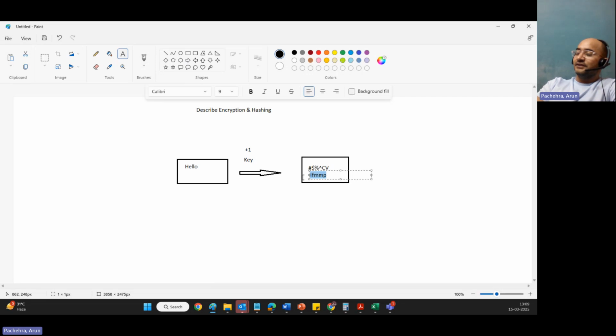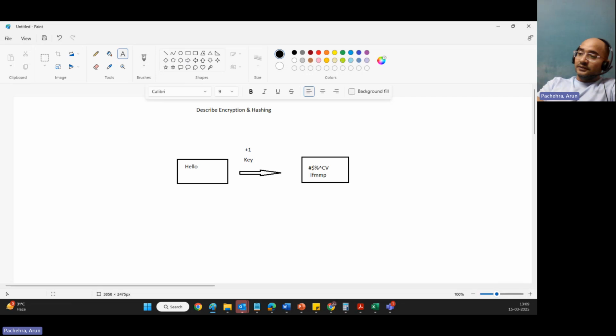What we did, we just encrypted by +1. So this is what encryption is in simple terms: changing the plain text into cipher text. Cipher means it has been encrypted with some key, right? So I hope this is absolutely clear. That's how we describe it in a very simple, easy way.